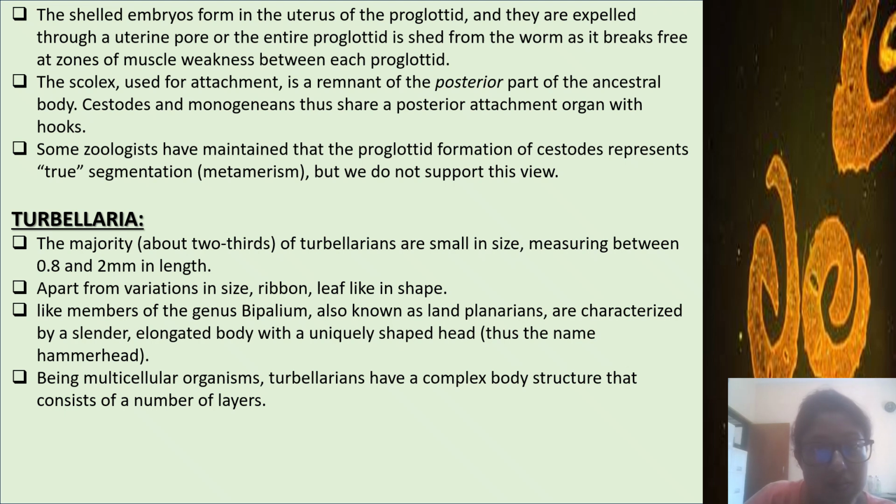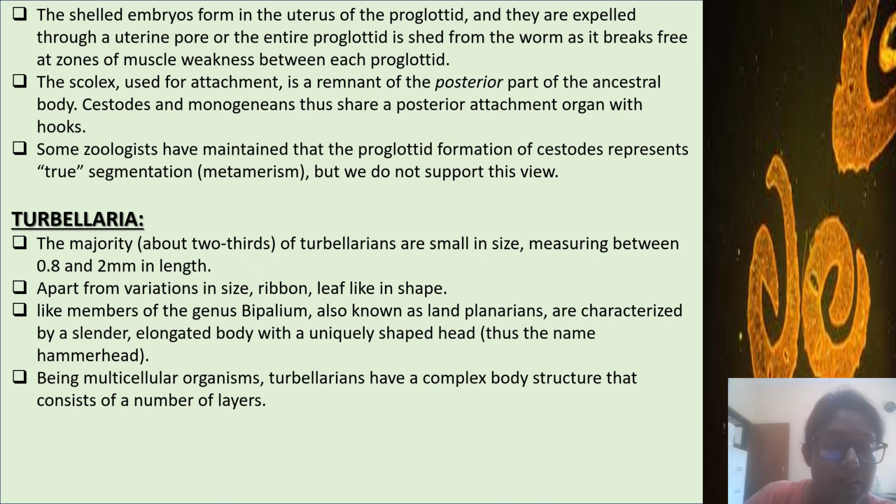The scolex used for attachment is a remnant of the posterior part of the ancestral body. Cestodes and monogeneans thus share a posterior attachment organ with hooks. Some zoologists have maintained that proglottid formation in cestodes represents true segmentation, that is metamerism, but we do not support this view.